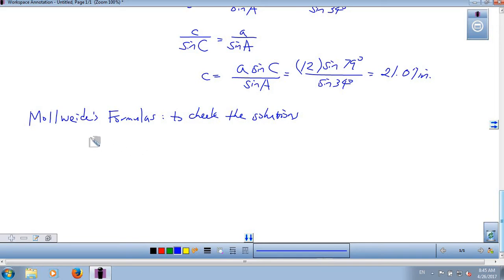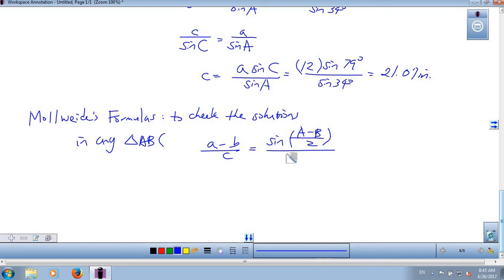Alright, so in any triangle ABC, it always will work. Sine A minus sine B over sine C. This proportion will be equal to sine of angle A minus angle B divided by 2, divided by cosine of angle C divided by 2. So this is one way to check it.